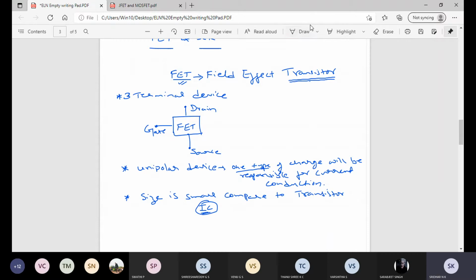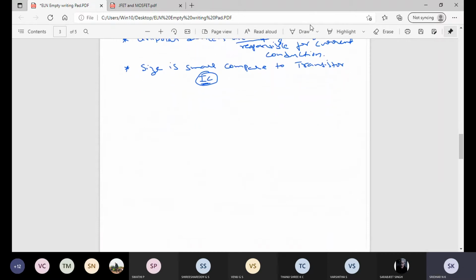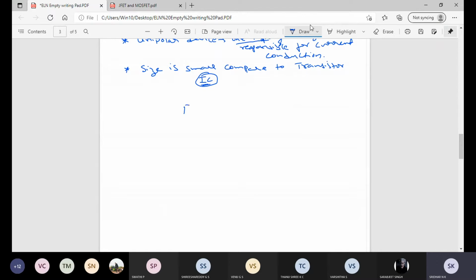Now we'll see the classification of FETs. FETs are mainly classified into two types. The first one is JFET, where J refers to junction field effect transistor.